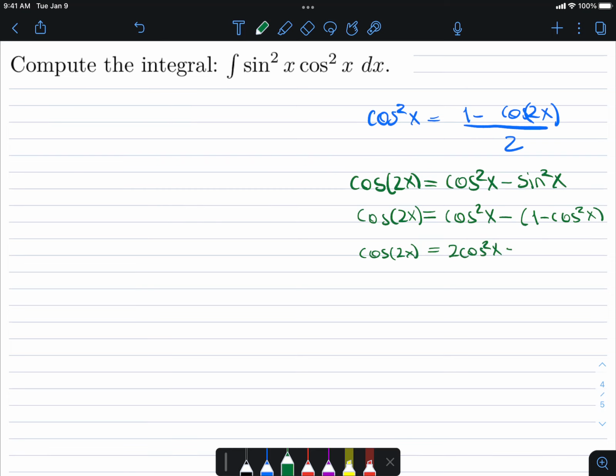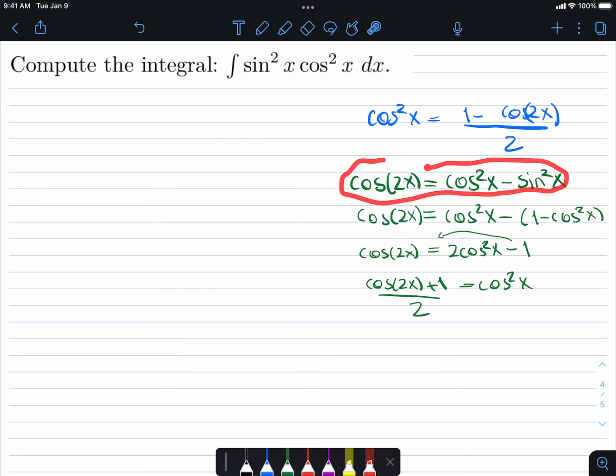And you can already start seeing what's going on, right? You add the 1 on the left side, and then you divide by 2. So that's the easiest way to come up with this formula on the spot if you don't remember it. Just remember the double angle formula for cosine.